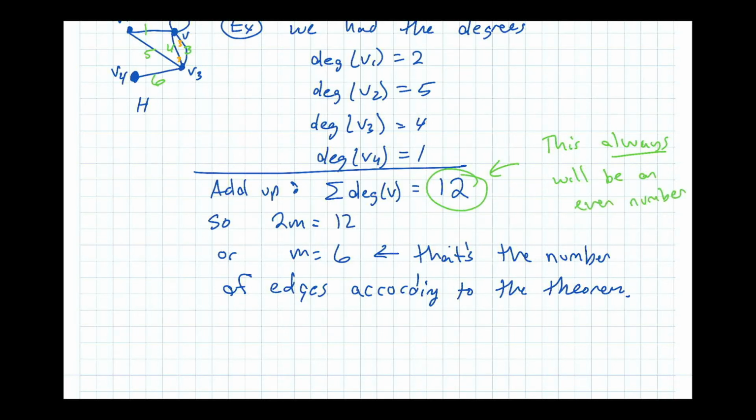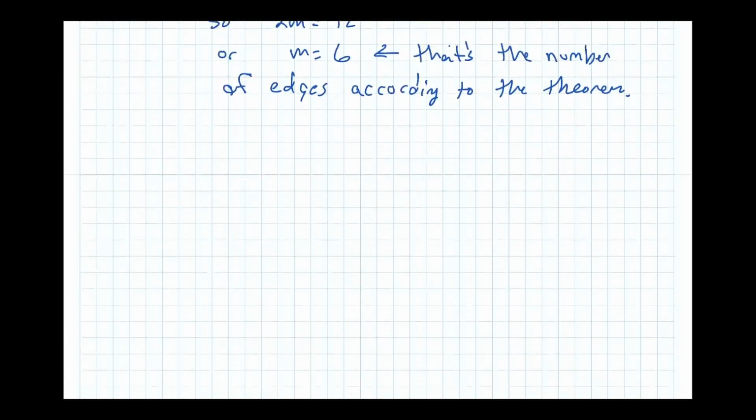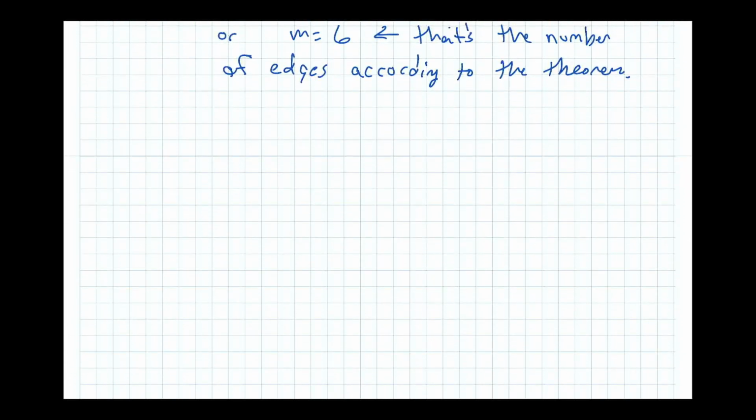So if it was like 13, then 13 over 2 is 6.5. But a graph can't have 6.5 edges, right? So that means that the sum of the degrees can't be an odd number. That's what that previous corollary tells you.